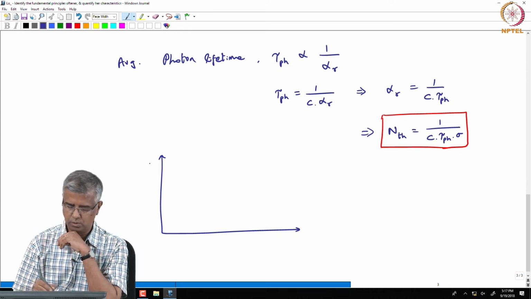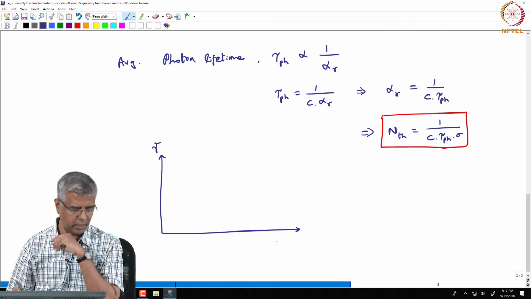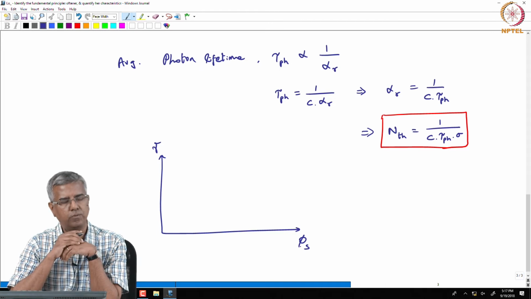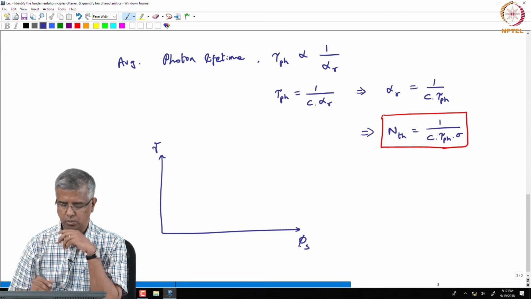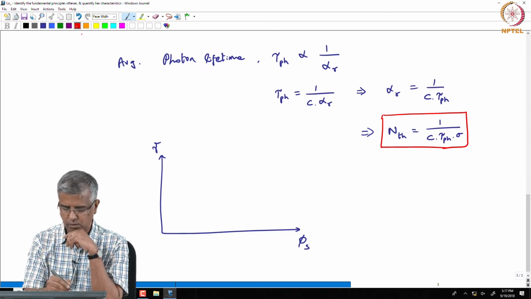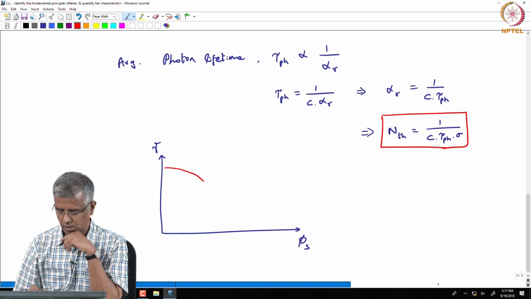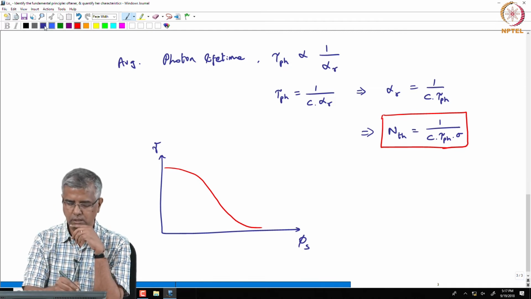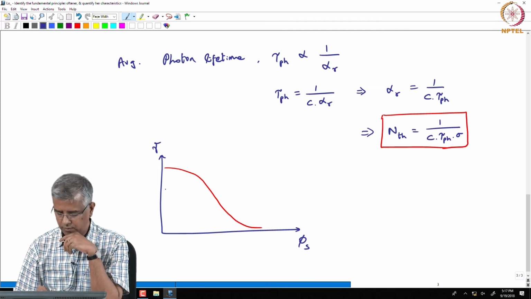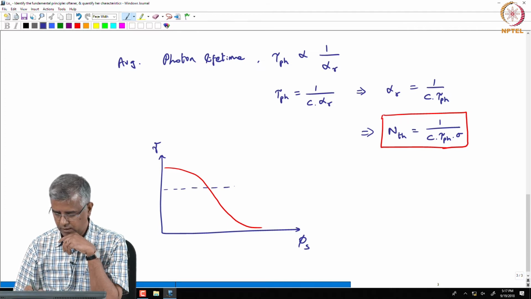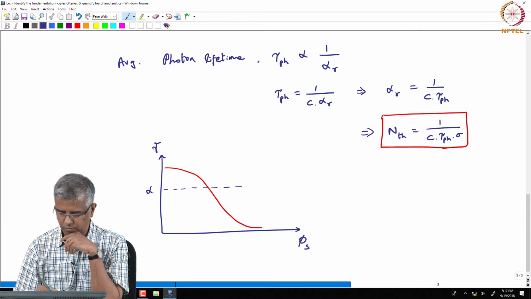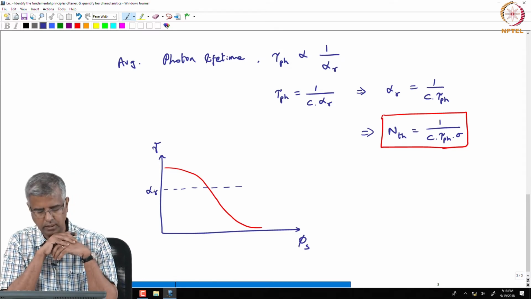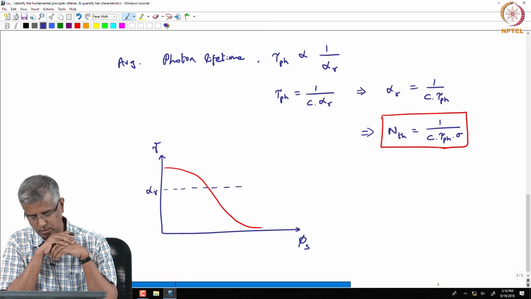So, the gain as a function of the signal photon flux, right, which we know is going to be like this. And in this, let us say this corresponds to the level of losses in the cavity. Okay.